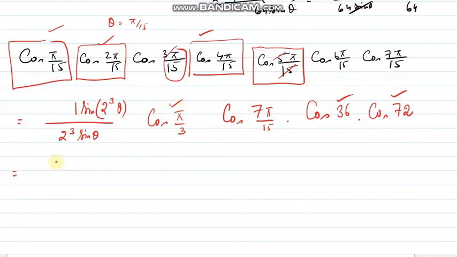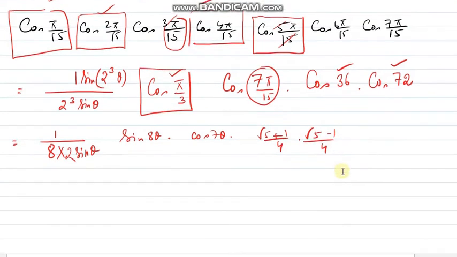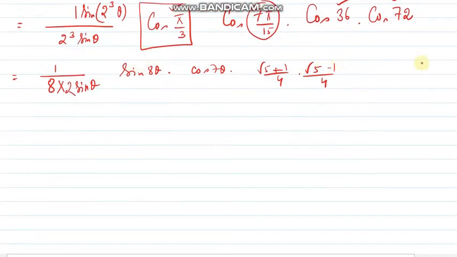So now this part, it is 1 divided by 8, this is half, right? So into 2 sine theta, this is sine 8 theta, and cos 7 theta. This 1 by 2 I have already adjusted here, and the cos 36 and cos 72 values I have put here also. So now sine 8 theta, what was my theta?